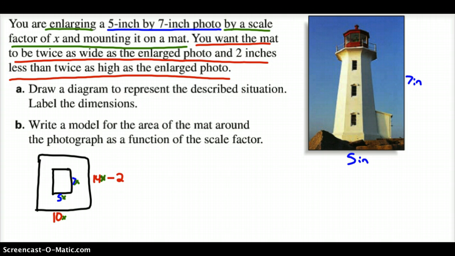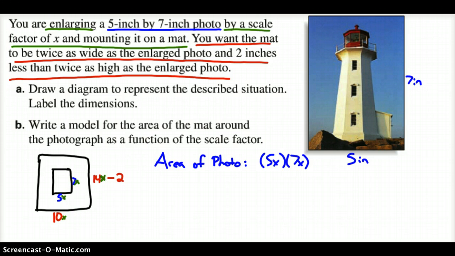So there's a couple things that we should actually write down here. I'm going to write down area of photo. So the area of the photo can be represented by 5x times 7x.